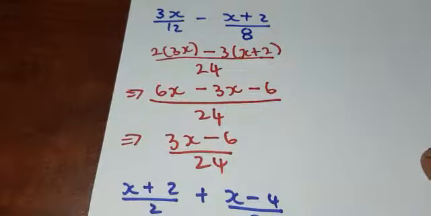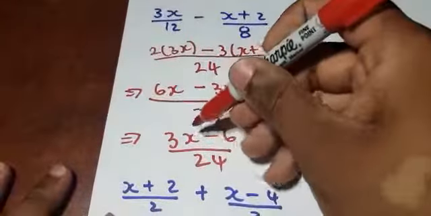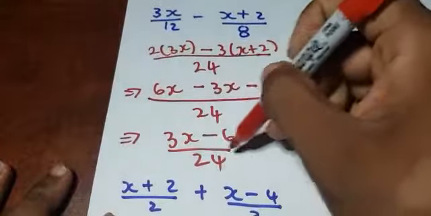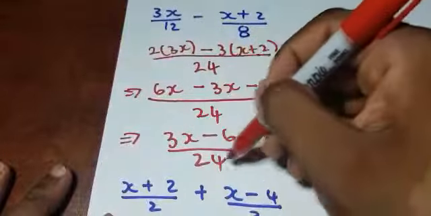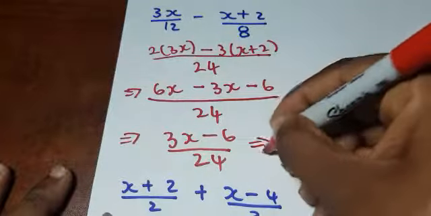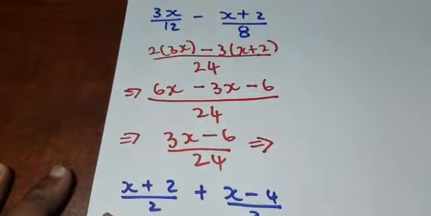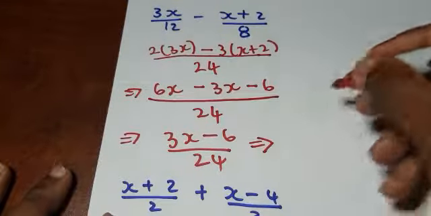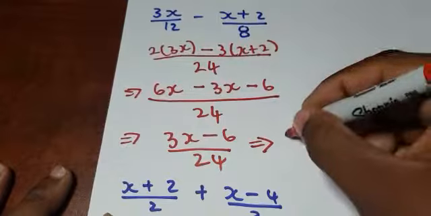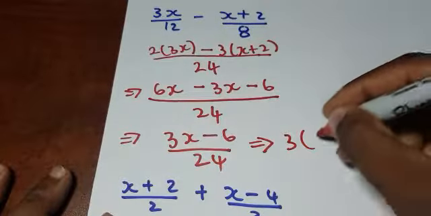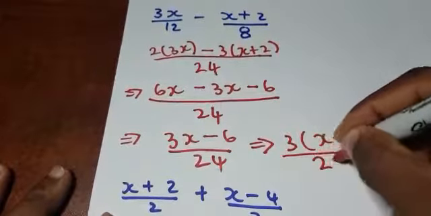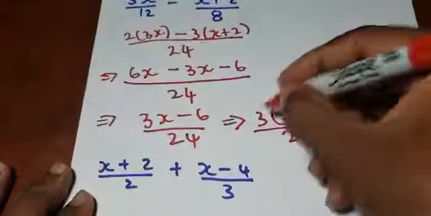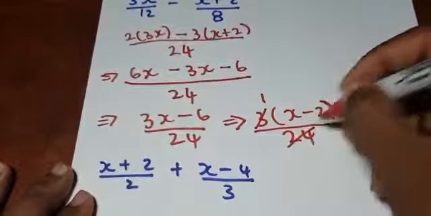Now, you could actually factorize the numerator and use that number to help reduce the 24. So let us look at that for a second. We're going to look at factorization in another video, but just to give a quick introduction, this is how it would look, guys. It would be 3 times x minus 2 all over 24, and then 3 into itself 1, 3 into 24 8.